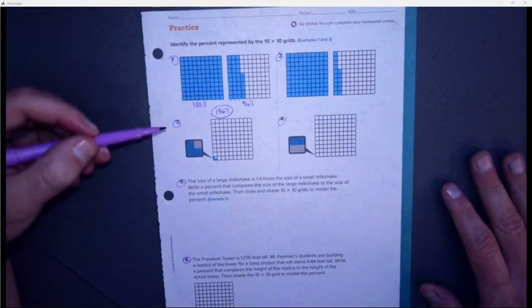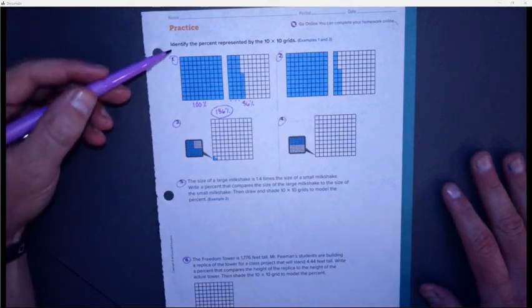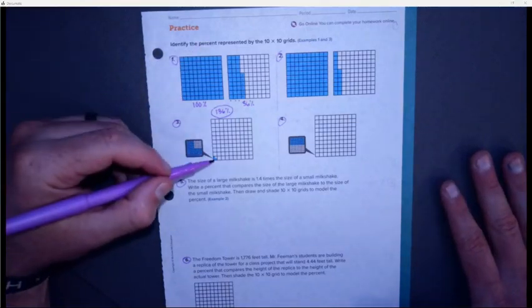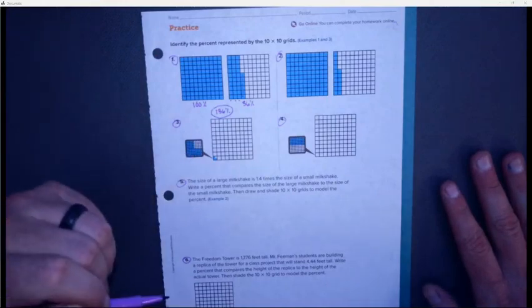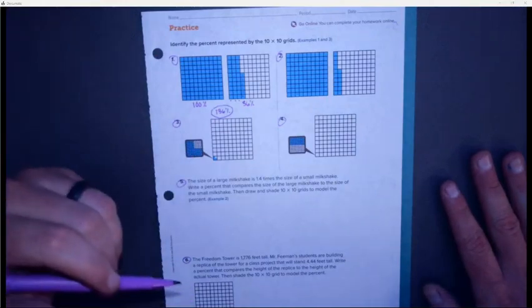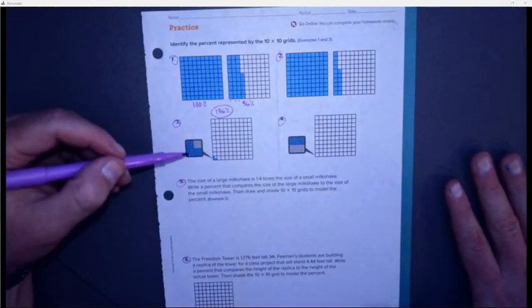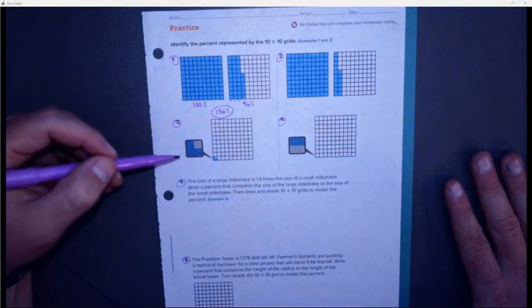On number 3, we do the same thing. We want to see the percent represented by the 10 by 10 grid. And we see it's a zoomed in version of a 10 by 10 grid. So we know it's going to be less than 1% that's represented here. So I'm going to look at what is shaded.